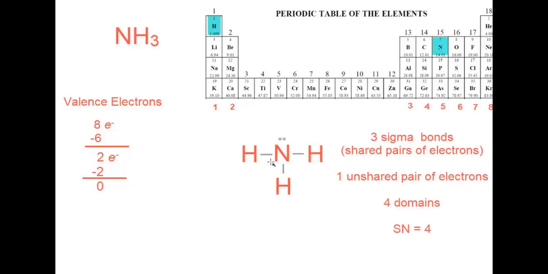There are 4 basic clouds around our nitrogen, so we have a steric number of 4, and that's going to dictate a very unusual structure for this. Now this Lewis dot structure doesn't really give you the 3-dimensional nature of it, and we'll deal with that later. But there we go, ammonia, and we've got it all figured out nice and quickly.